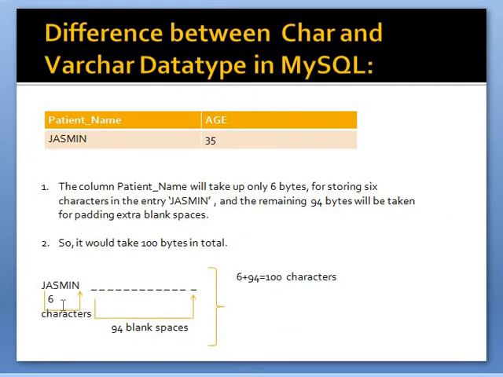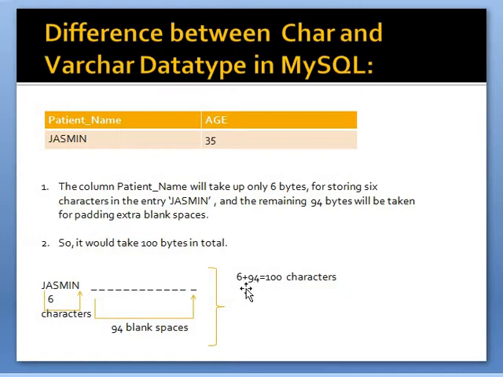So if Jasmine, which consists of 6 characters, takes 6 bytes of memory space, then the remaining 94 blank spaces would take up 94 bytes of memory space.